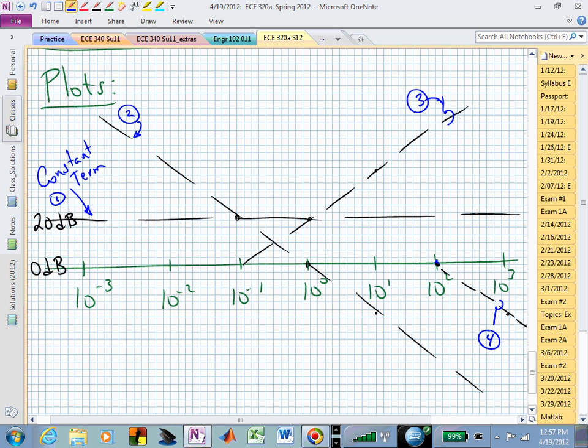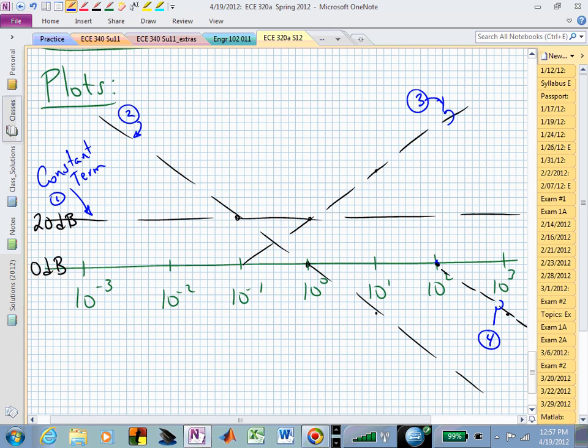So back here at, let's say, point 1 right here, I have a contribution due to the 20 dB, and another contribution due to the pole at the origin of 20 dB, so I should be at 40 dB at that frequency. If I look back earlier in frequency at 0.01, I now have 20 dB plus 40 dB, or I should be at 60 dB. Is that making sense?